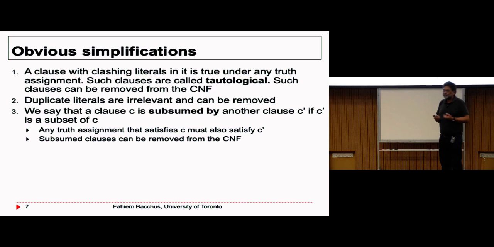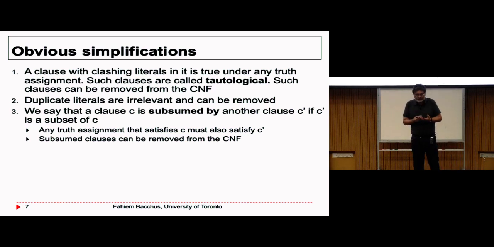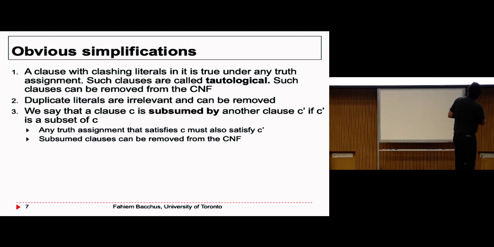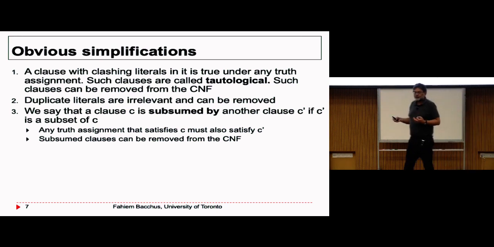And you can also use the somewhat more difficult to detect notion of subsumption: if you have a clause that's a subset of another one, you can get rid of the superset, so it's subsumed away. People use various techniques involving Bloom filters, for example, to quickly detect possible subsumptions.